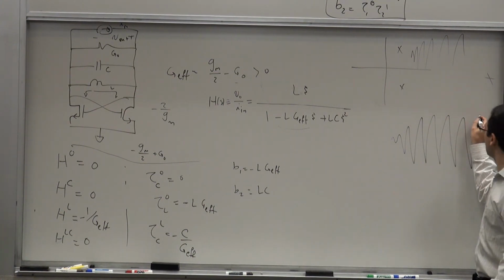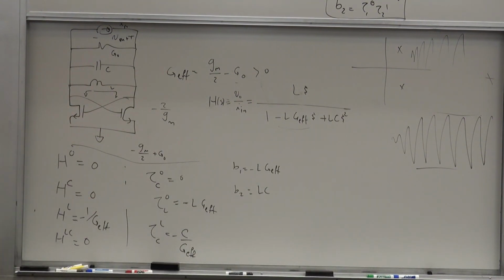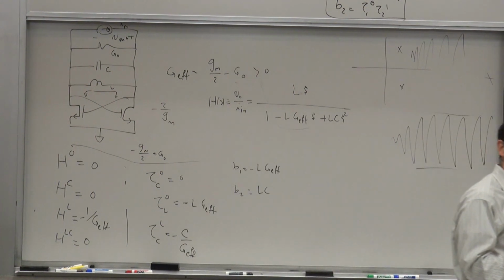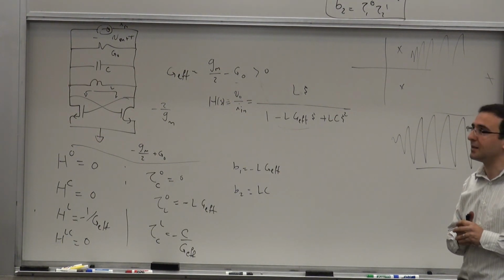So it will have a constant amplitude, and this is an oscillator if that condition holds. So you can see it holds also for things that have right half plane poles. Okay. So you can use this to analyze oscillators as well.